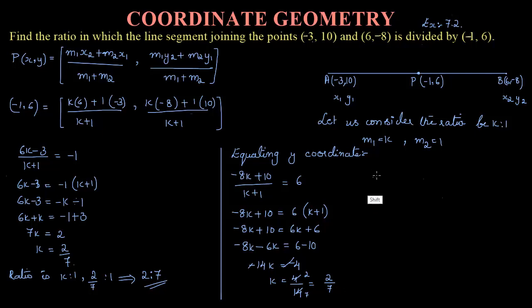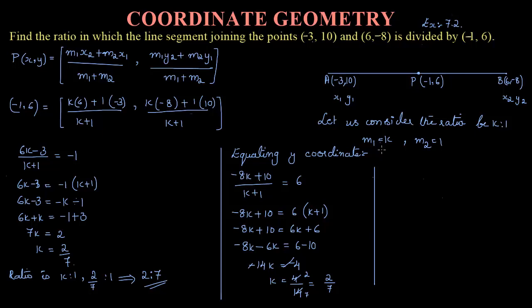Okay, so now you can observe that you have got the value of k same as you got when you equated the x coordinate. Whatever value of k you got there, the same thing you have got when you equated the y coordinate. So it is not required to equate both; any one of the x coordinate or y coordinate, you equate it and find the ratio.